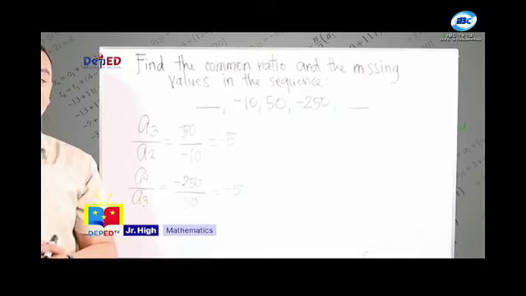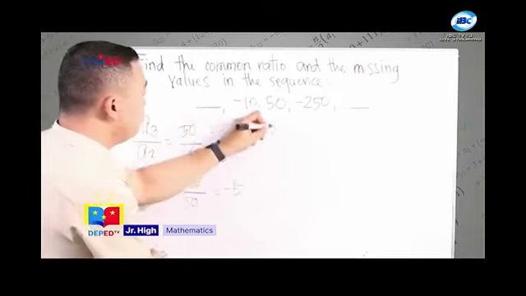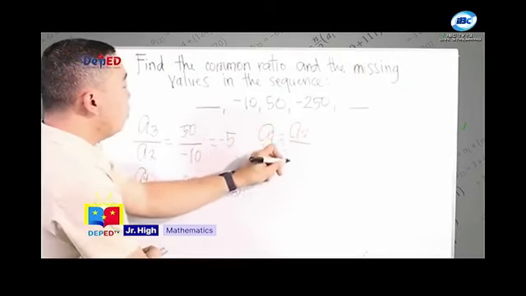Since we now have the common ratio, let's find the first term, and that is by dividing the second term, a sub 2, by the common ratio.